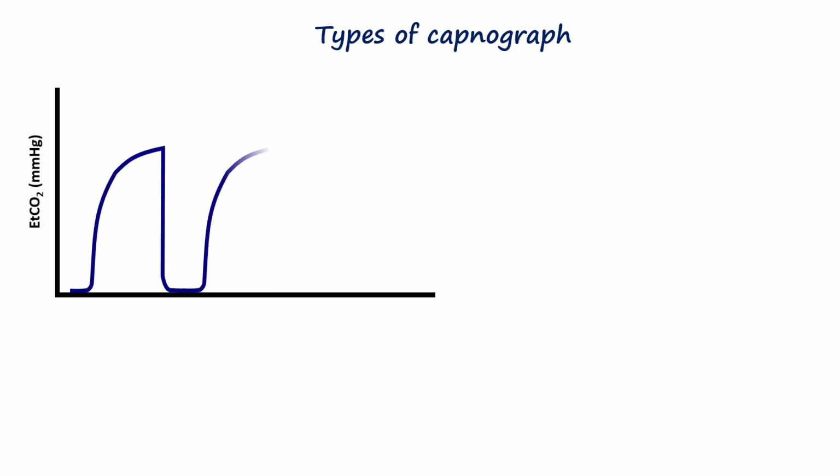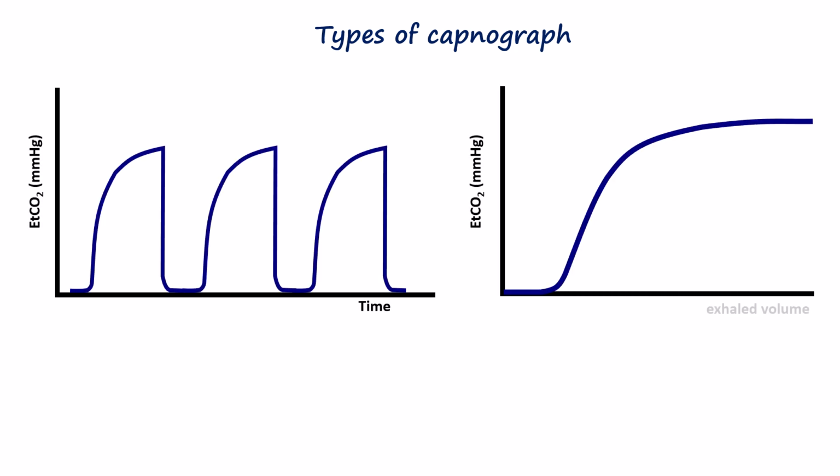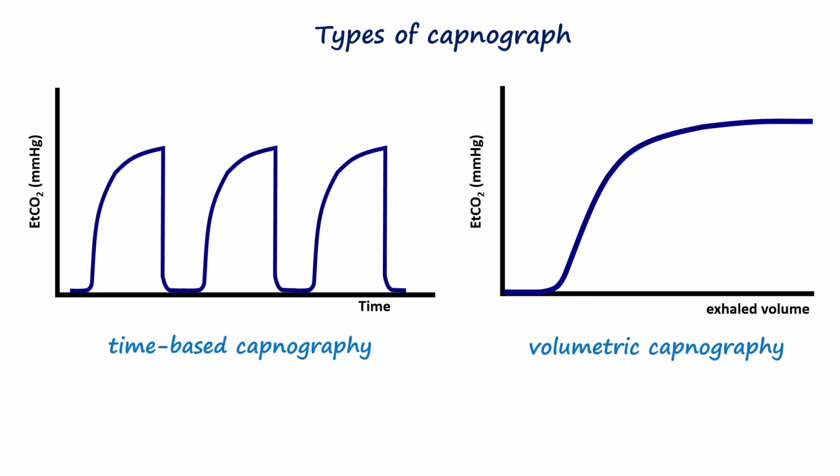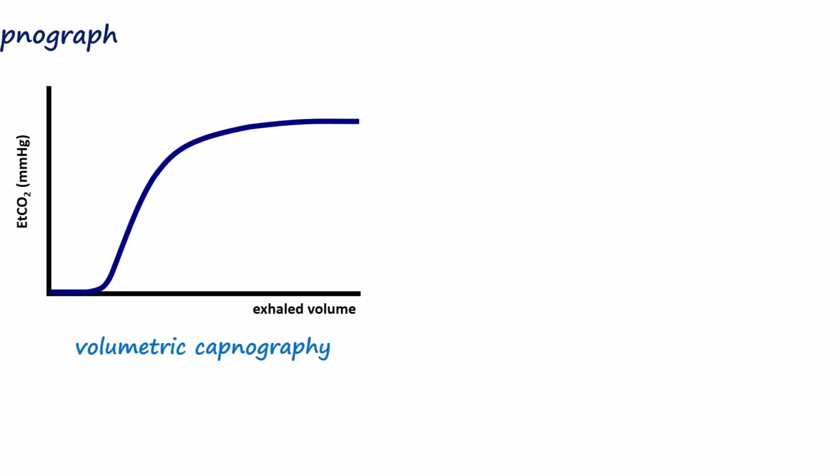As we have seen earlier, the waveform of the capnograph is either plotted against time or against the expired tidal volume. Let's look at the volume-based capnography waveform. Volume-based capnography plots the CO2 concentration against the volume of exhaled gas during a single breath.